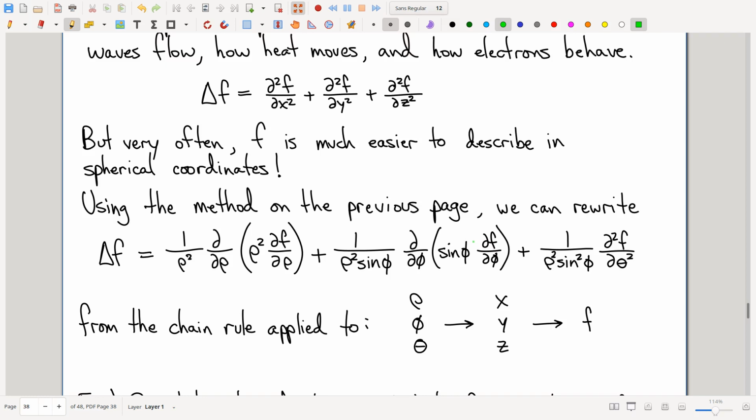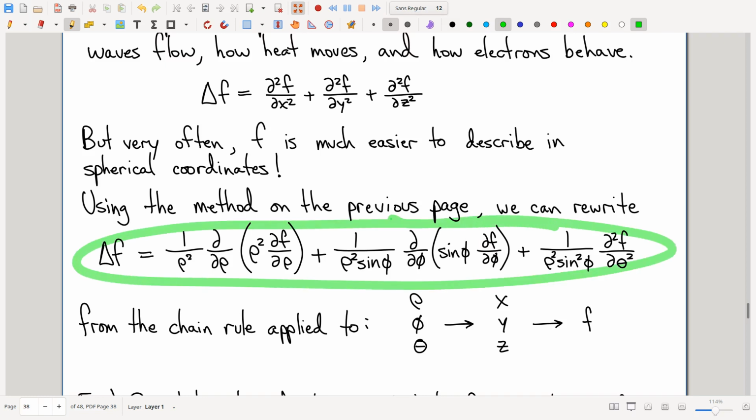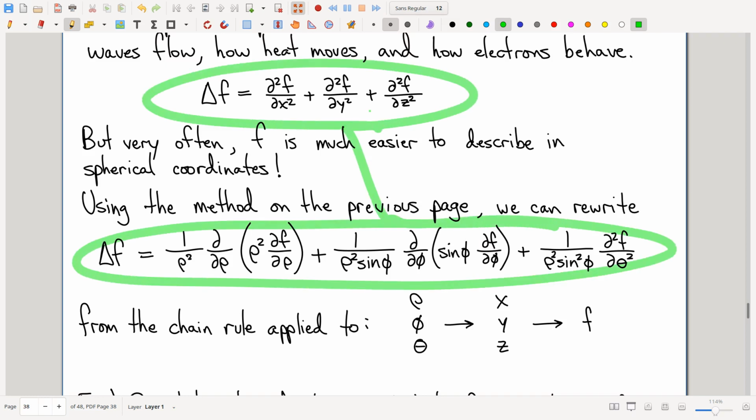So I'm not advising it, but if you're looking for a challenge, go ahead. But like I say, I'm not recommending it. If you did, you would get that this simplifies to that in rectangular coordinates. So these compute the same thing because of arguments that we can make on the previous page, adapted to here.